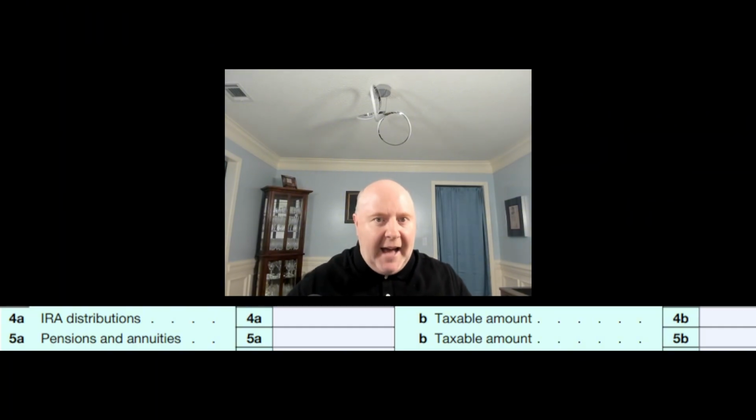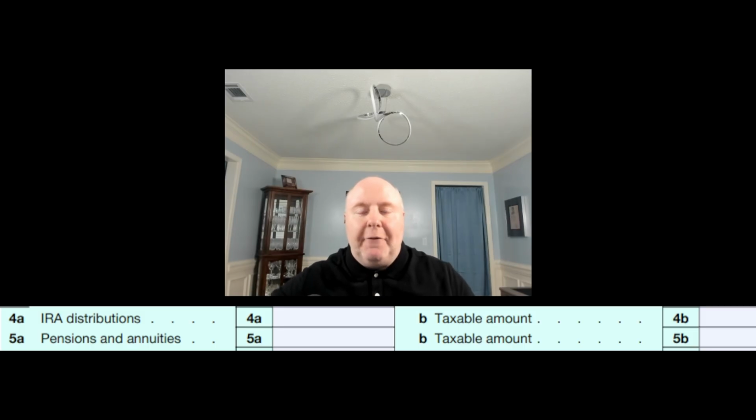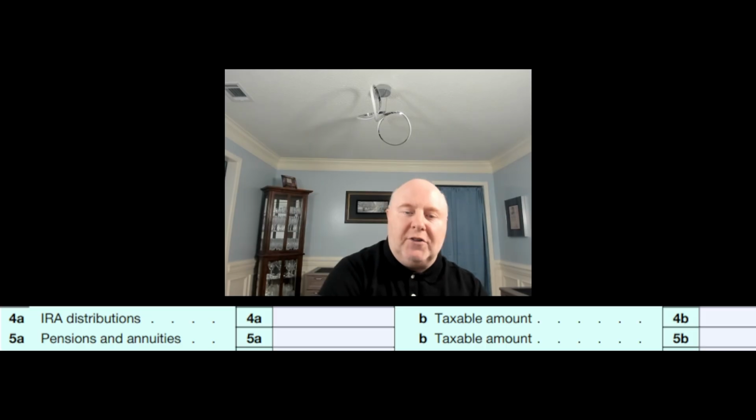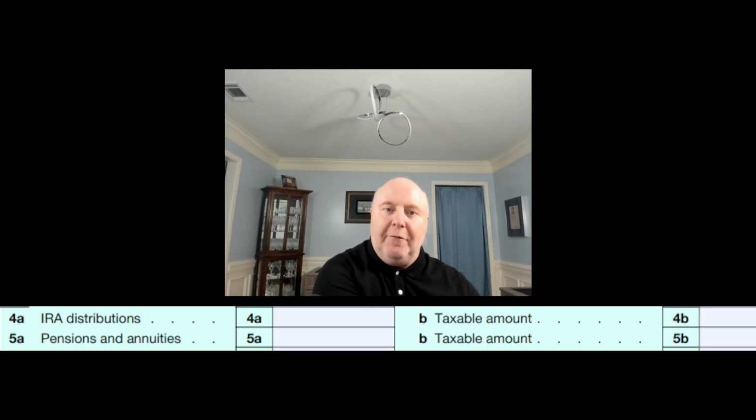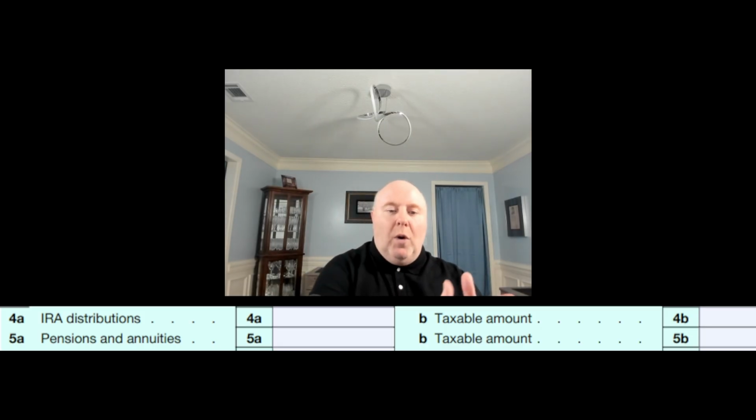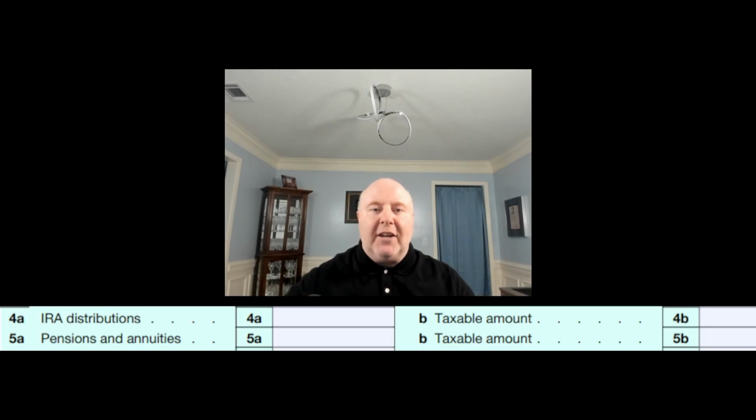It's not taxed, most likely. So it's not going to appear in line 4B, because 4B is only going to be the portion of our distribution that appeared in line 4A that's actually going to be taxed. So what we have is the full amount and then the taxable amount. So full amount 4A, taxable amount 4B. So that's the way it's structured.